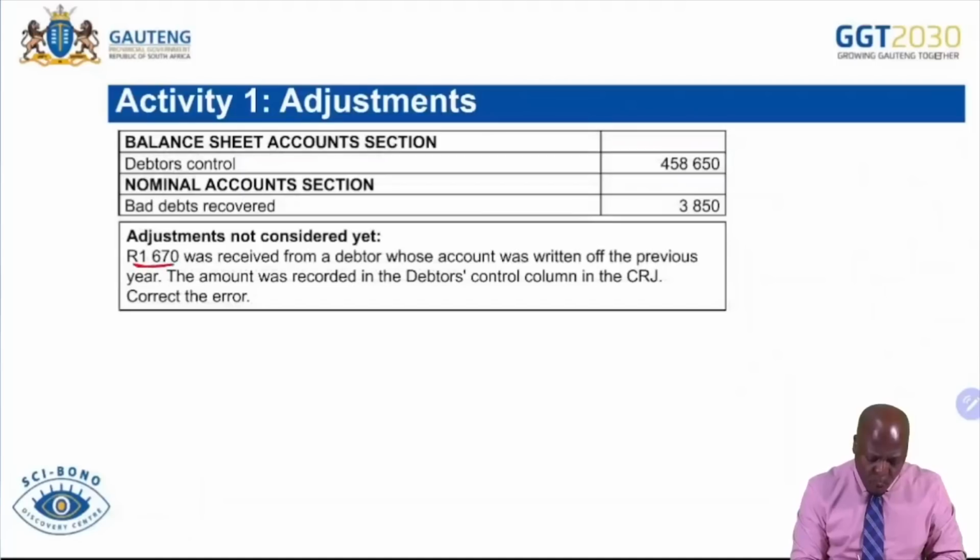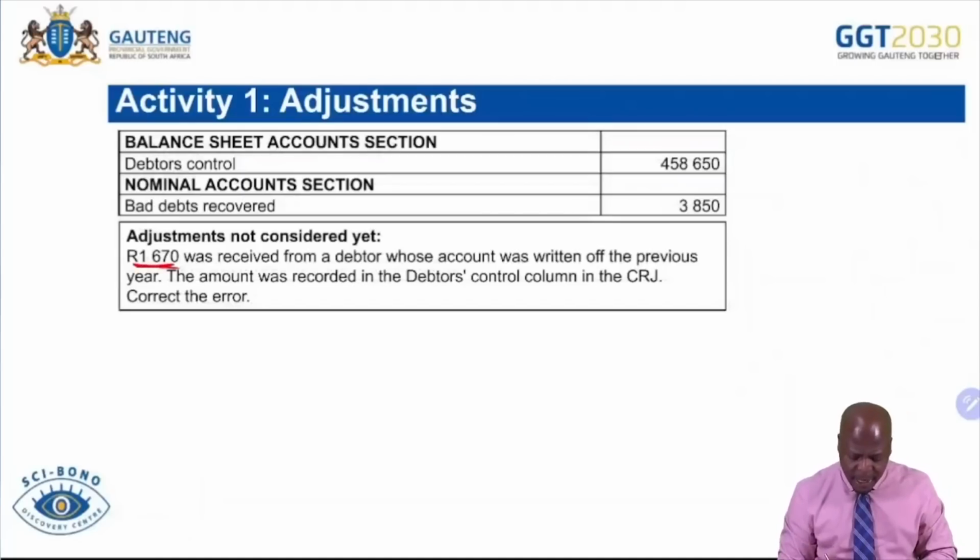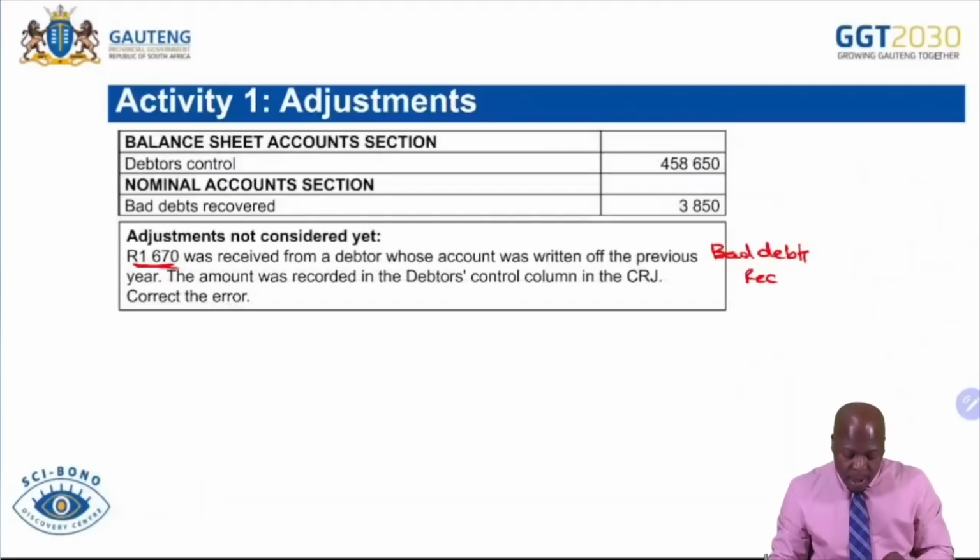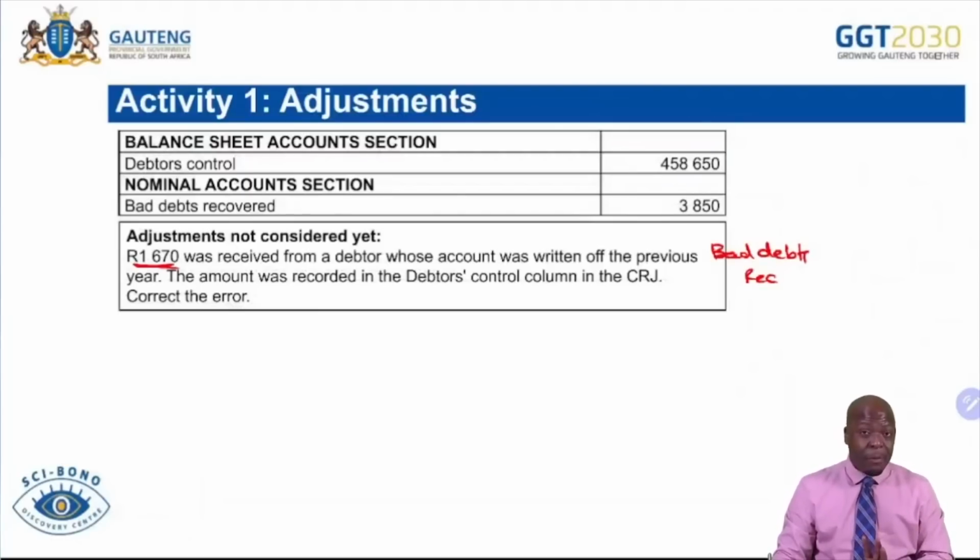1,670 was received from a debtor whose account was written off the previous year. Okay, so when we receive an amount from a debtor whose account was written off, we know that is bad debts recovered. That is your bad debts recovered. Okay, the amount was recorded in the debtors control column. Oh, that's a mistake now, because the amount has been recorded in the debtors control.